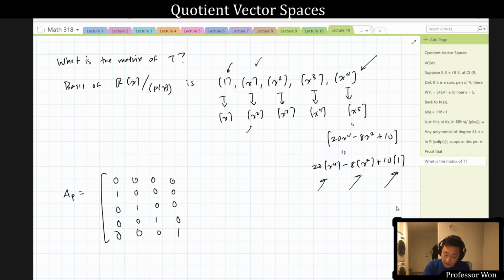Right? So it goes to 10, 0, negative 8, 0, 20. In other words, the linear transformation T, its matrix is exactly the companion matrix of P.